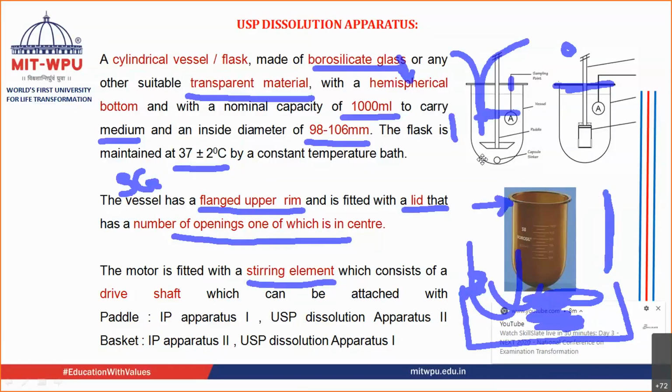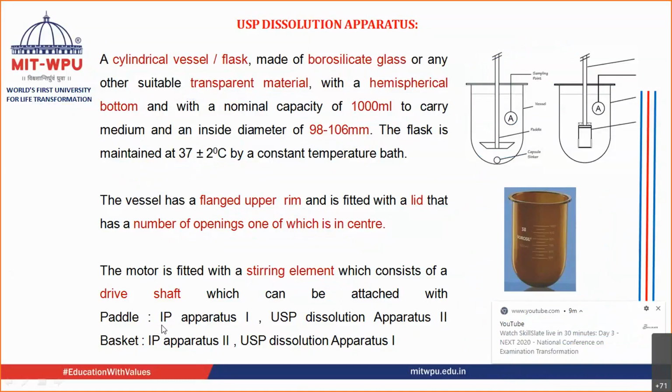Now, this dissolution apparatus is of two types. It is known as IP apparatus 1 and IP apparatus 2, or USP dissolution apparatus 1 and USP dissolution apparatus 2. What is the difference between apparatus 1 and apparatus 2? Apparatus 1, as per IP, consists of a paddle kind of an arrangement, which is attached to this drive shaft.